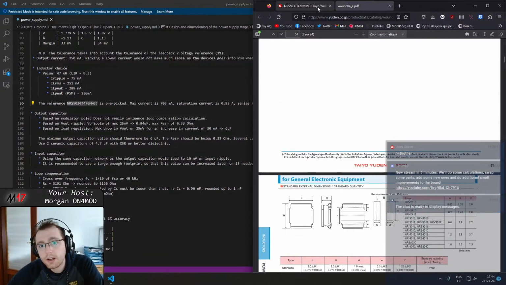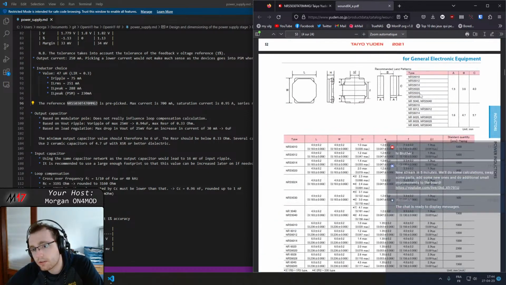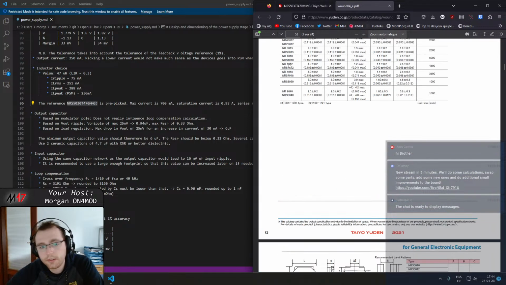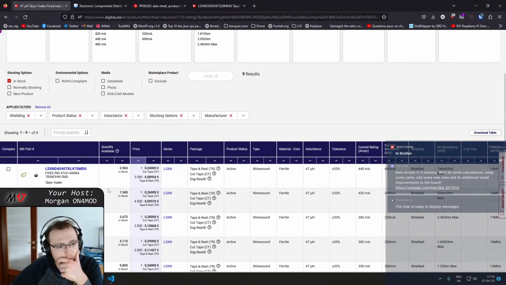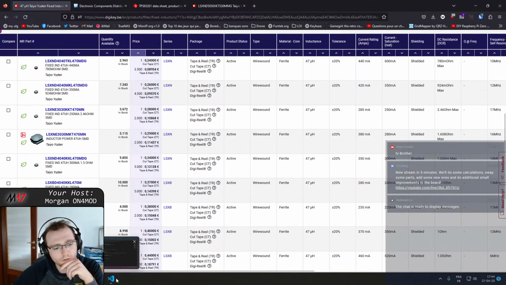So it's an RS5032. It was the same series as the previous one, so same footprint and so on. I'm just surprised that they don't have an inductor with the same footprint.